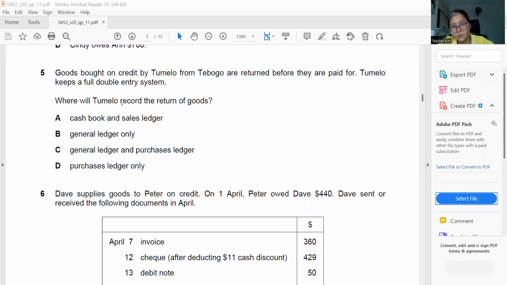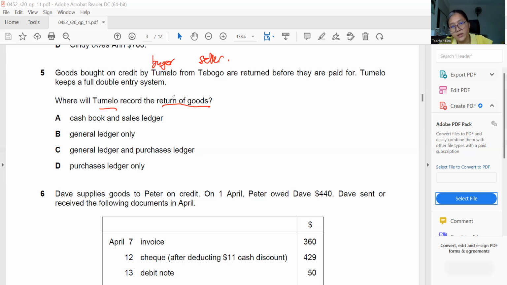Where will Tumilo record the return of goods? Okay, so this is from Tumilo's point of view. Goods bought on credit by Tumilo, that means this is the buyer, this is the seller. Okay, are returned before they are paid.